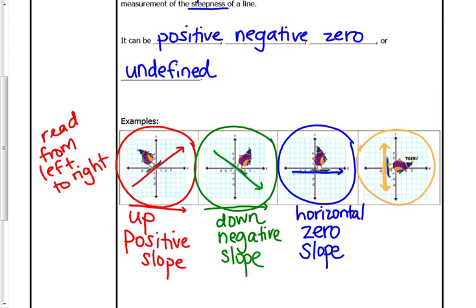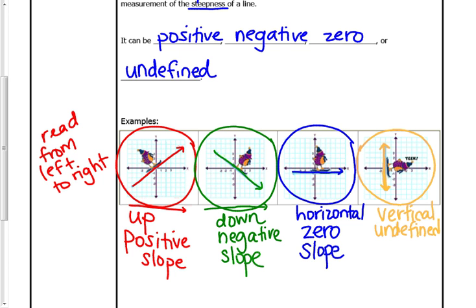Or if you consider this a cliff, if you're at the top, would you jump off that cliff? I hope not, right? So if you see a vertical line, meaning the line is going straight up and down, this would be considered an undefined slope.